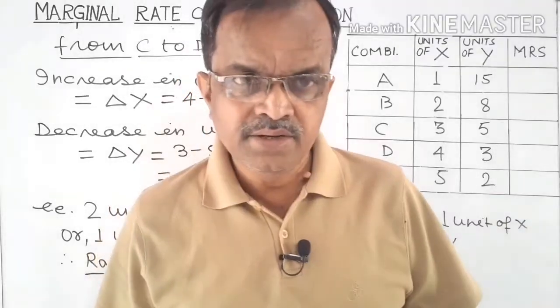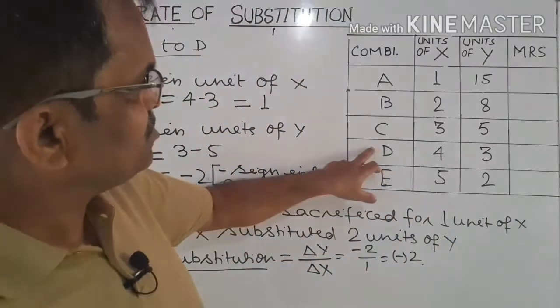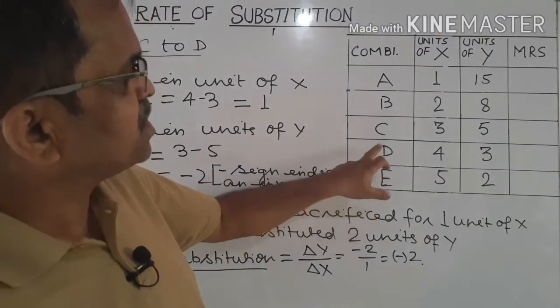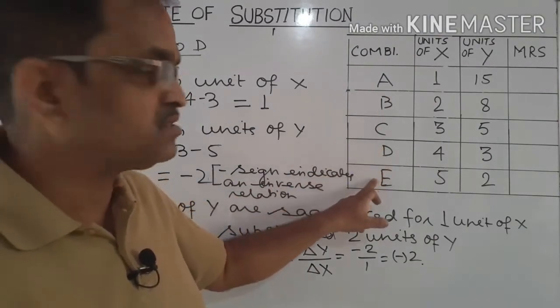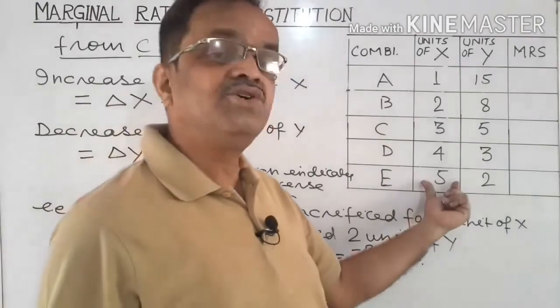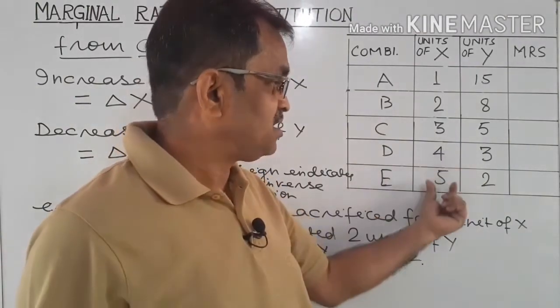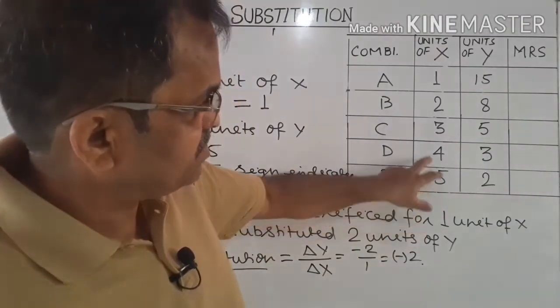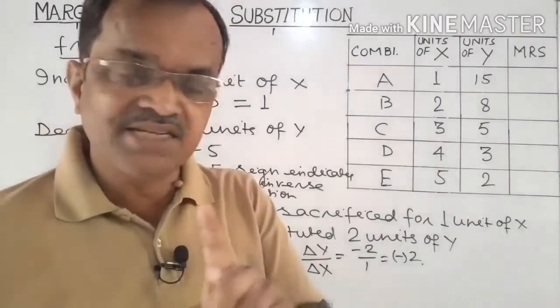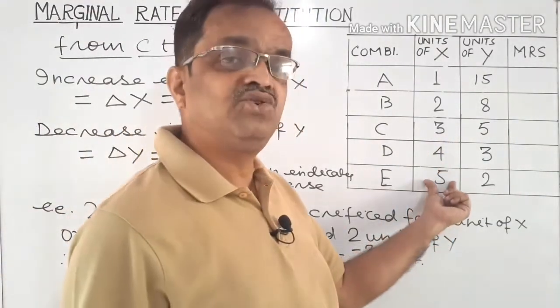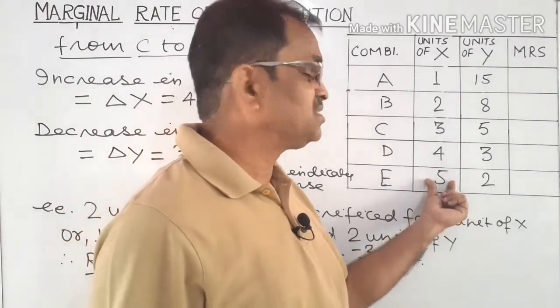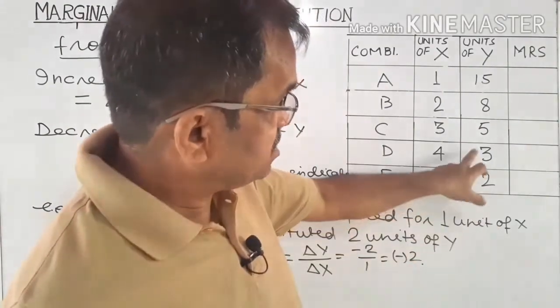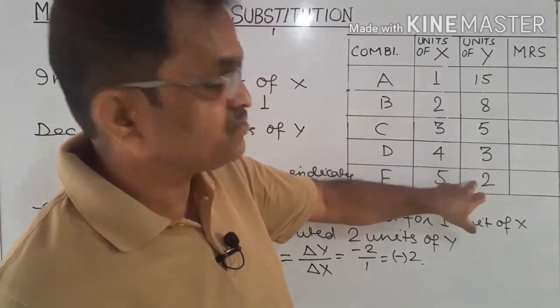Again when the consumer shifts from D to E, means from combination D when the consumer shifts to E, what do we observe? The consumer is again consuming 1 unit more, that is 5 minus 4. One additional unit of X is consumed, and for the consumption of this additional unit, the units sacrificed is 1.